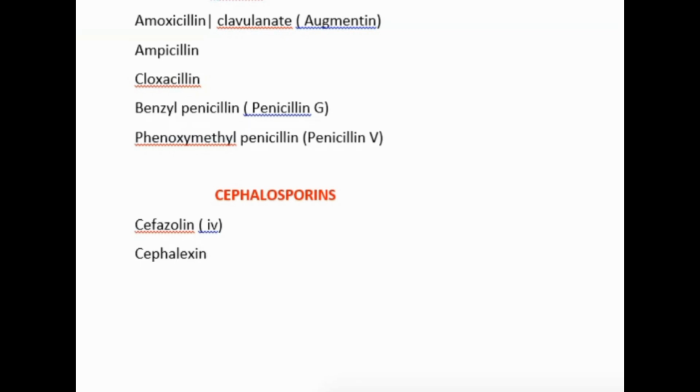The other one we have is cefuroxime. So cefuroxime is also a beta-lactam antibiotic, which falls in the group of cephalosporins, which is oral. So we also have ceftriaxone.